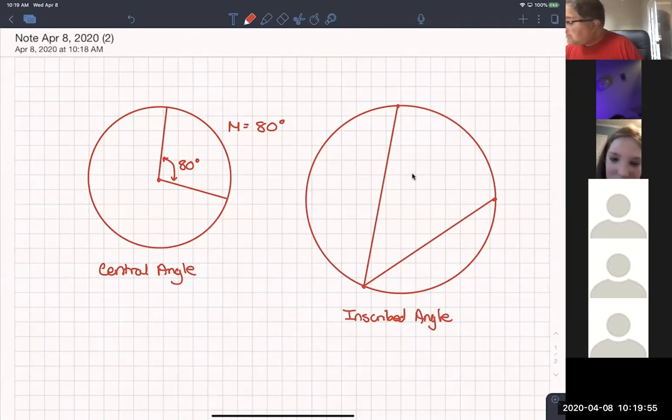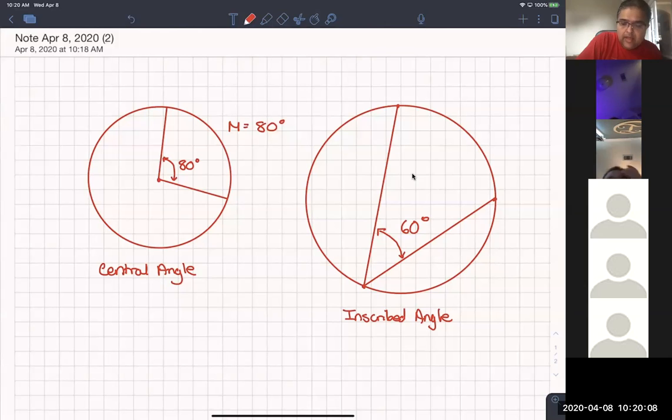Now, say for example, this is 60 degrees, okay? So the measure of the angle is 60 degrees. The relationship between the inscribed angle and its intercepted arc, the arc that it is associated with, is that the arc is double the angle.